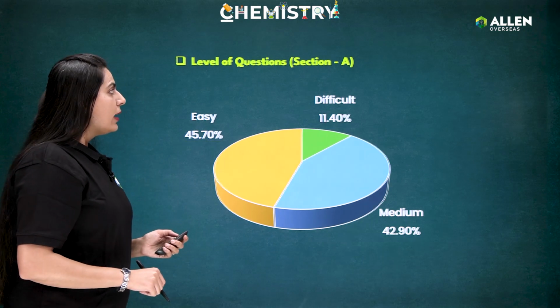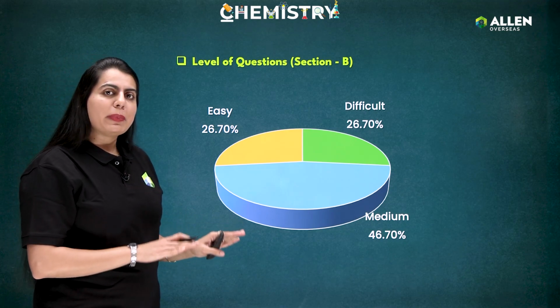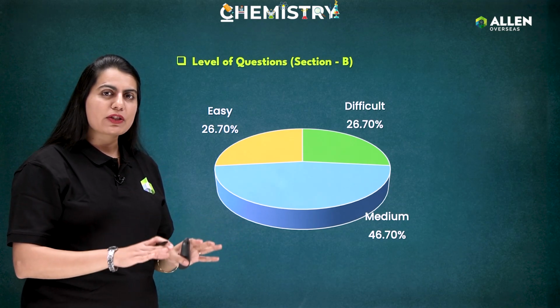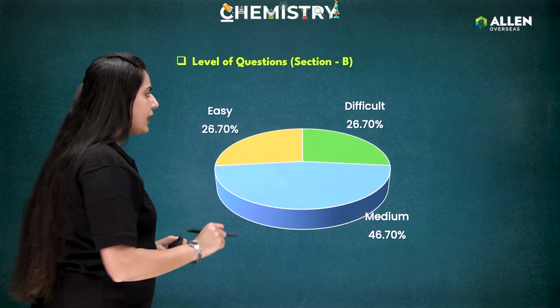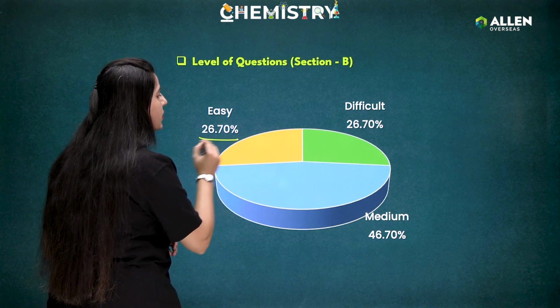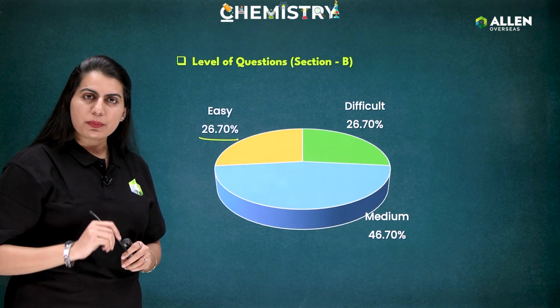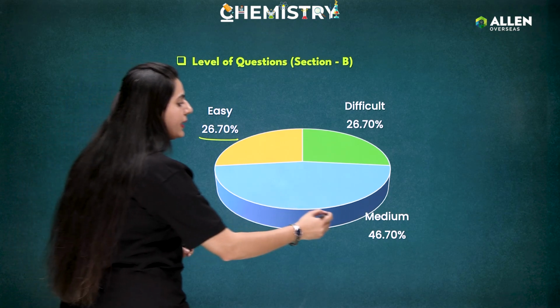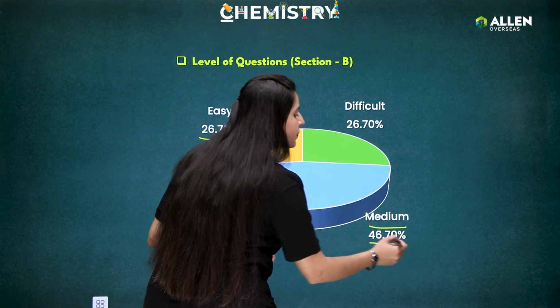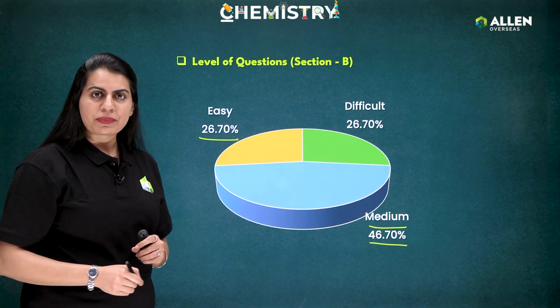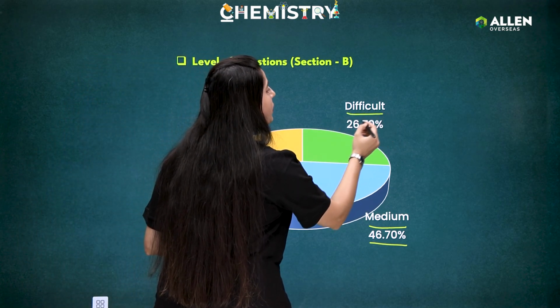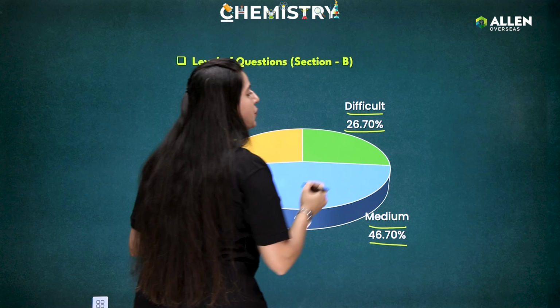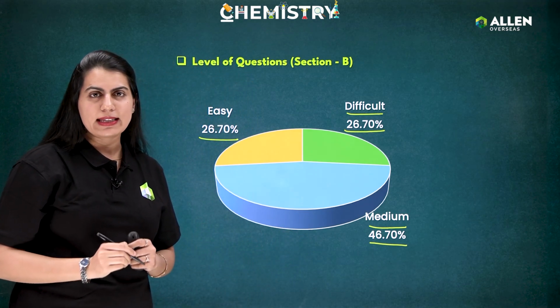Now, coming to section B, analysis based on the difficulty level, we can see that easy questions were 26.7%, medium questions asked were 46.70%, and the difficult question percentage was 26.7%.